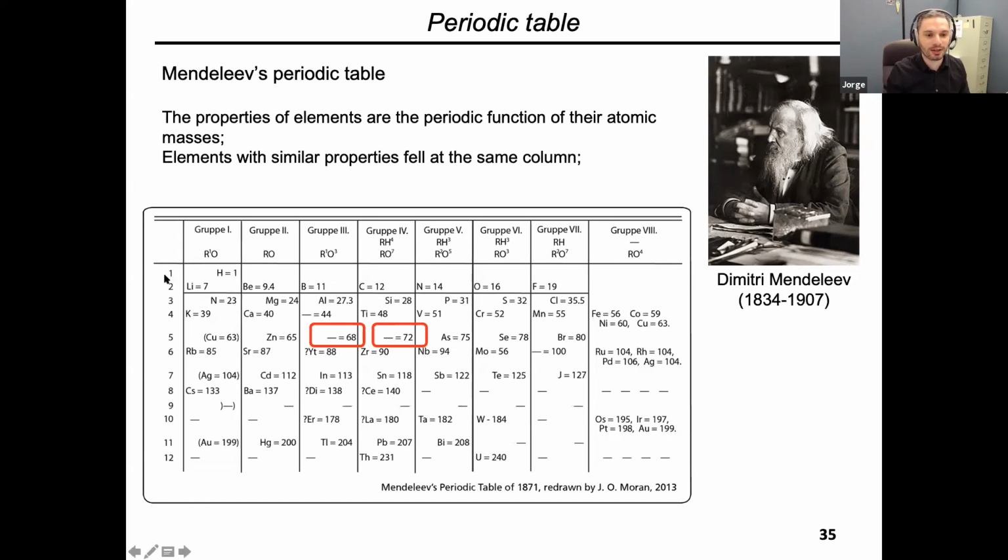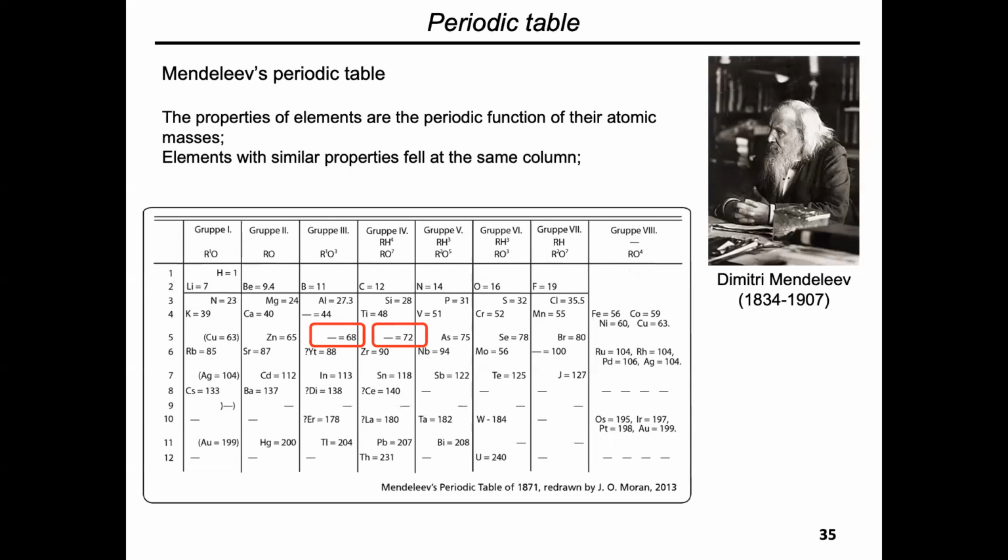His idea was that we start with hydrogen, go all the way to group number eight, and when we come back again to lithium, the properties of lithium and hydrogen would be similar. And then again, a cycle, coming back, and this element would have similar properties. By similar properties, that means similar chemical properties. And that was the starting point for Mendeleev.